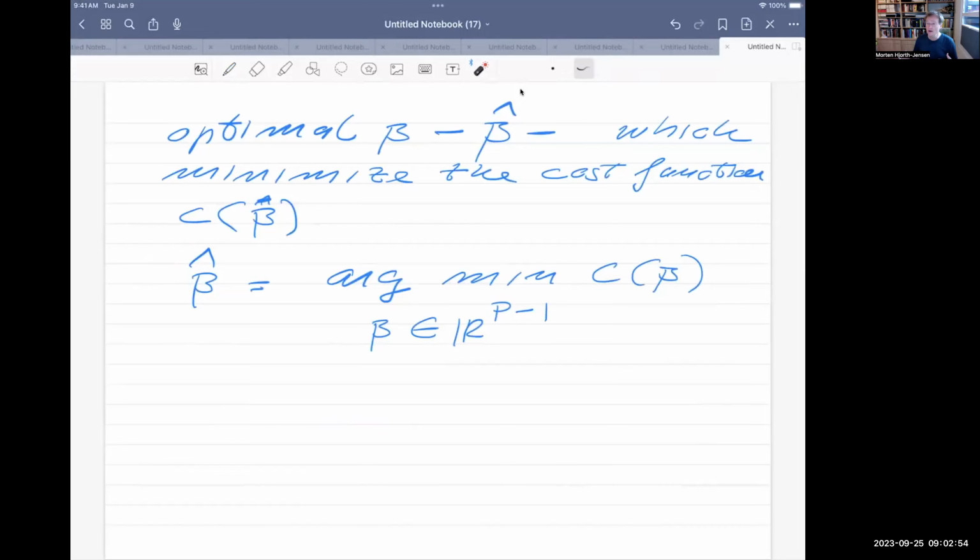You can think of this cost function as a function which gauges the quality of the model. And the mean squared error, which is a very intuitive cost function, simply measures the squared difference between the model prediction and the output data which we want to fit. And this is where we will start after the break.